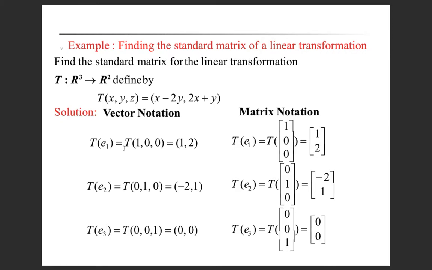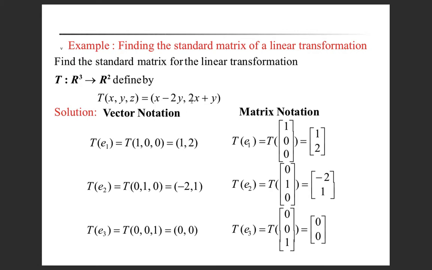So T(e1) is equal to T(1, 0, 0), which will be T(x, y, z) = (x minus 2y, 2x plus y). For (1, 0, 0), x equals 1, y equals 0 and z equals 0. Here we don't have z in this. So x equal to 1 means 1 minus 2 into 0, which is 1.